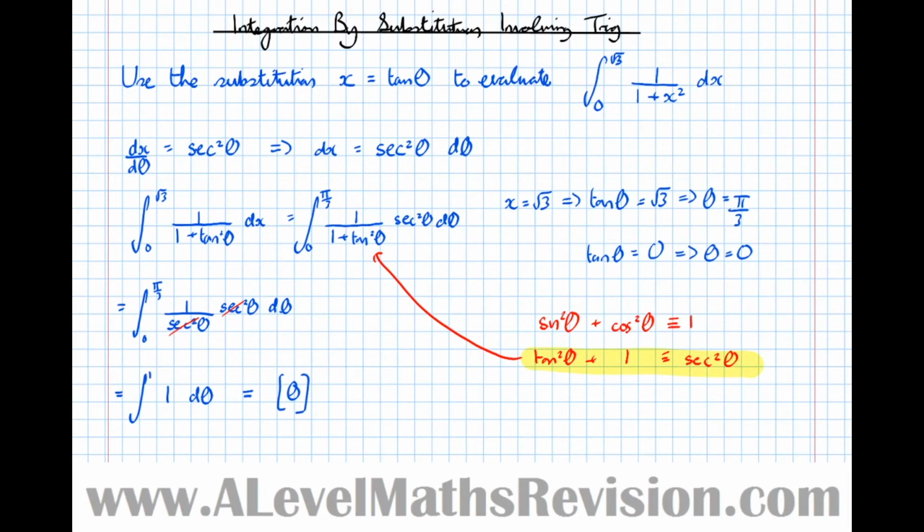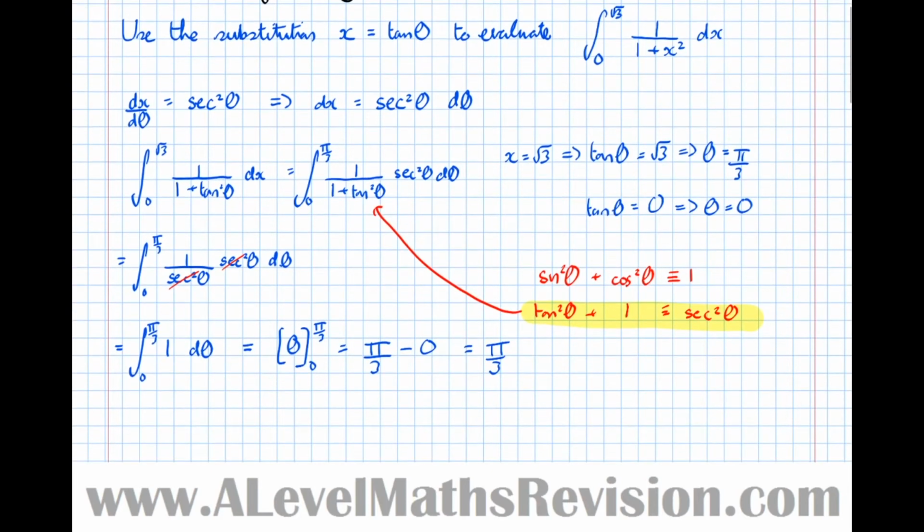Let's not forget to write the limits in, so that's pi over 3 and 0. That equals pi over 3 take 0, which equals pi over 3. It's important you write the take 0. There are marks to be lost in an exam if you don't sub both limits in.